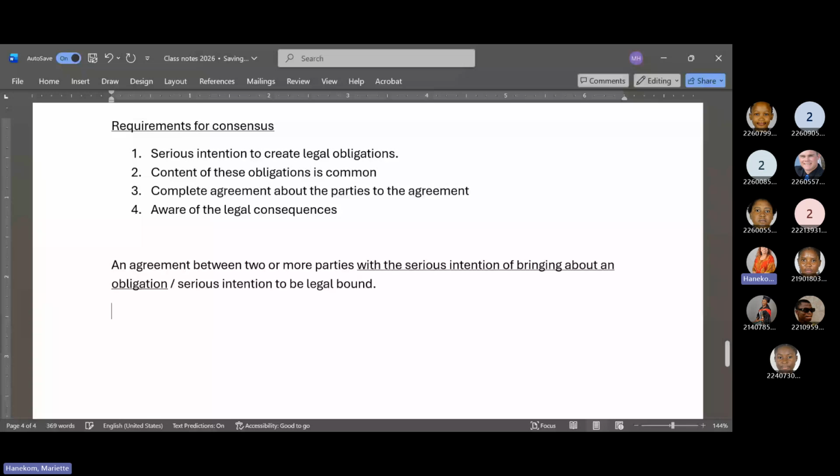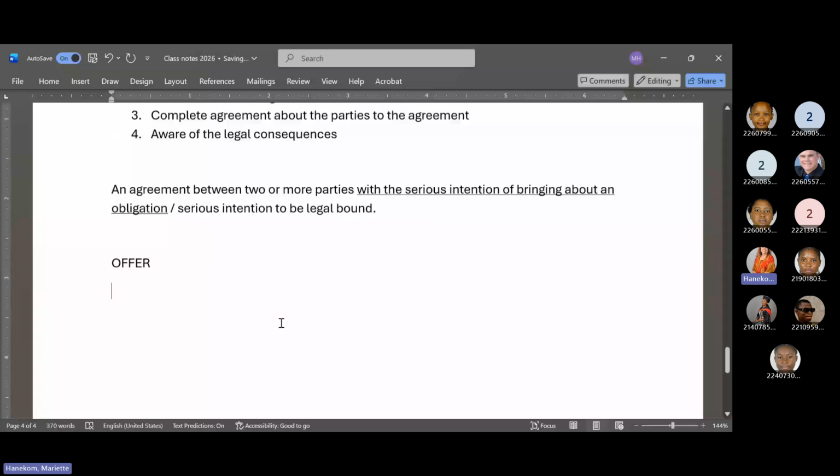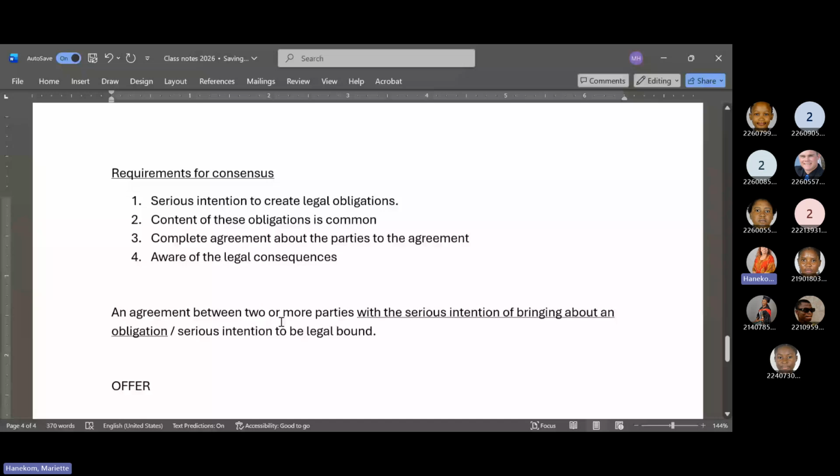We reach consensus by way of offer and acceptance. So let's look at the offer. Once again, for an offer, the offer must be valid.